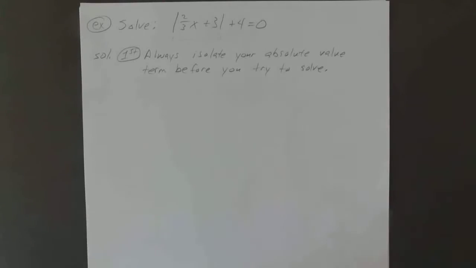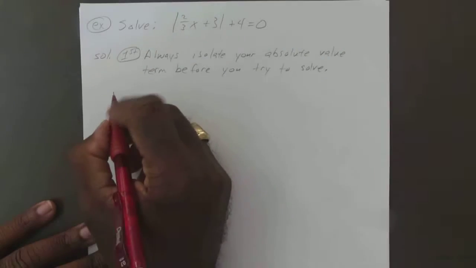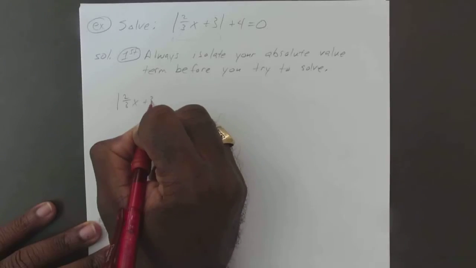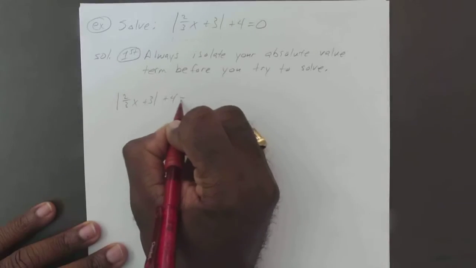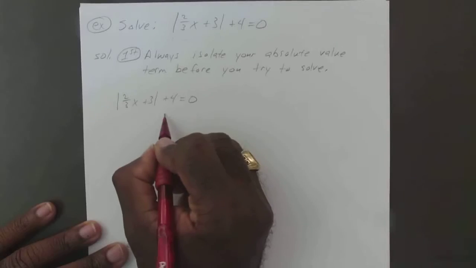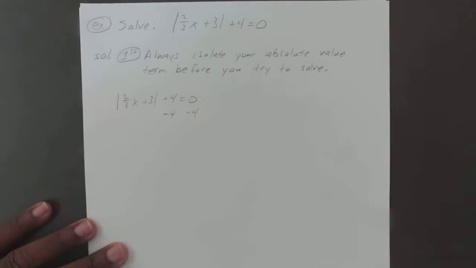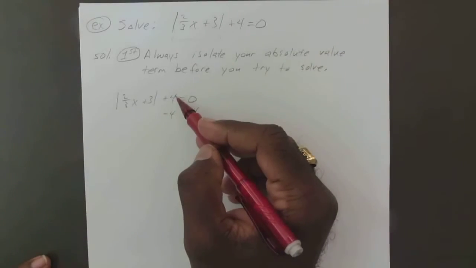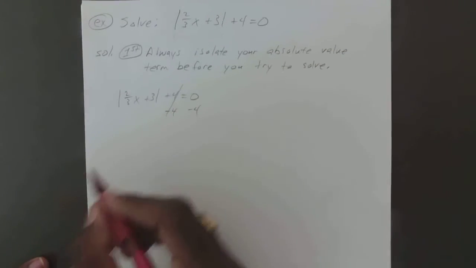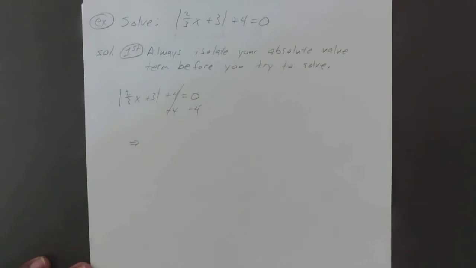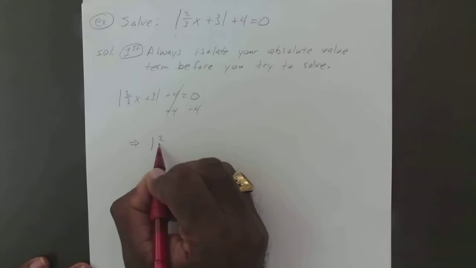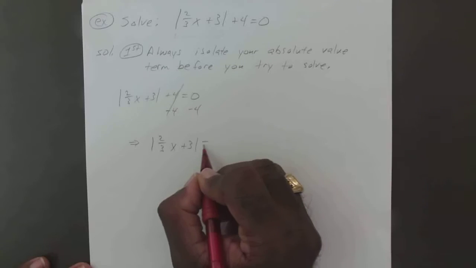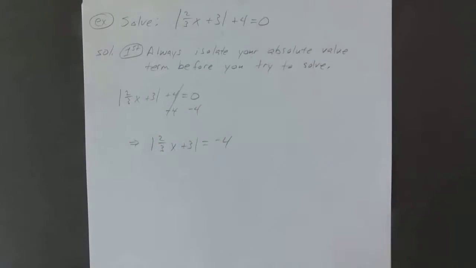All right, so that means for the absolute value of 2/3 x plus 3 plus 4 equals 0, we're just going to subtract 4 from both sides. 4 minus 4 is 0, so that's just going to disappear. That gives us the absolute value of 2/3 x plus 3 equals negative 4.